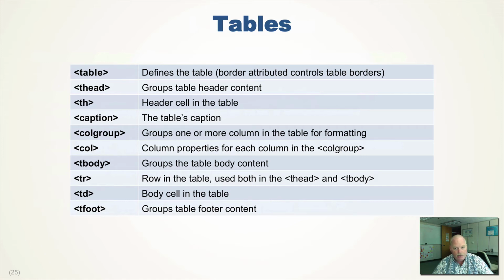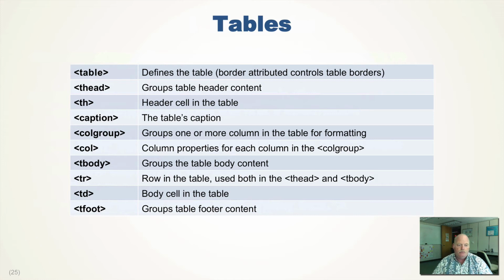It groups heading information, so you could have rows in the header, and then you have these THs, which are header cells. They're normally rendered slightly different than your normal body. Often they're bolded, but again, it's based on how the client is rendering it or any style that you apply. You can have a caption, which is often in the header, but it just needs to be in the table. It's a table caption.